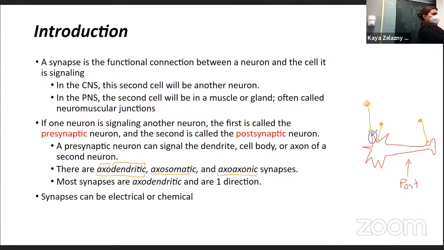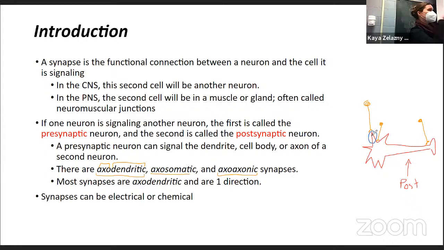The postsynaptic neuron takes in whatever neurotransmitter, whatever signal we're thinking about, and transmits its own action potential. We will see when we talk about these connections that we don't always create an action potential in that second neuron. We're going to have excitatory and inhibitory neurotransmitters.